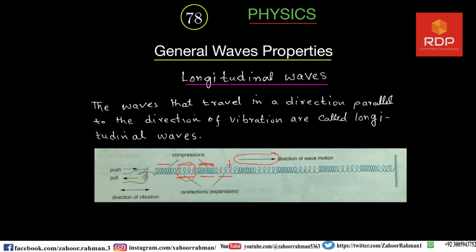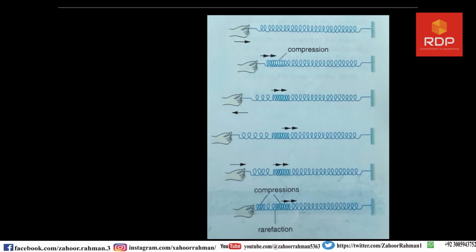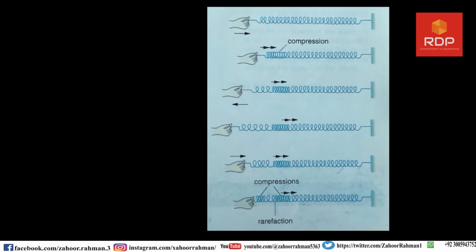The double arrows represent the motion of the wave along the slinky, which in this case we are observing.